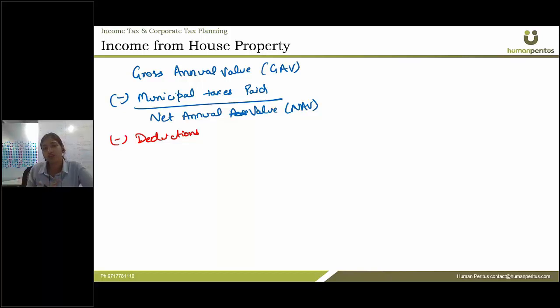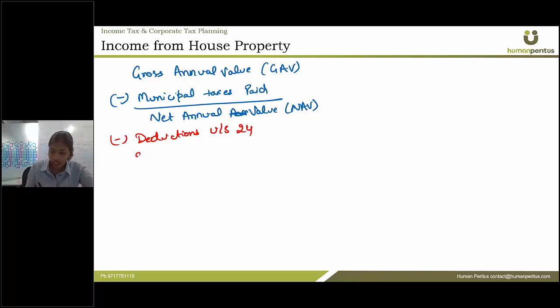On this net annual value we have deductions, similar to what we had in the case of income from salaries. We have separate deductions. So similar to income from salary, in the case of house property we have deductions under section 24. Now can you guys tell me which section it was in the case of salary? Under which section did we have deductions under the head salary? Come on guys. It was section 16, correct.